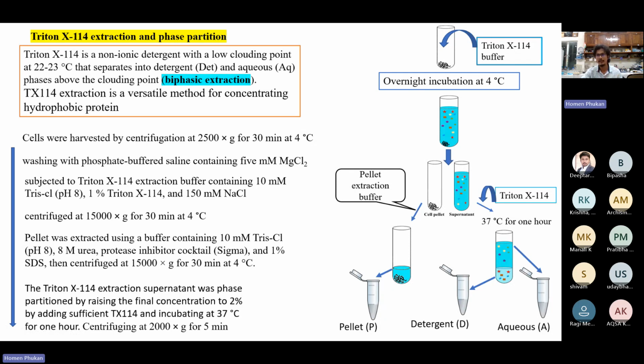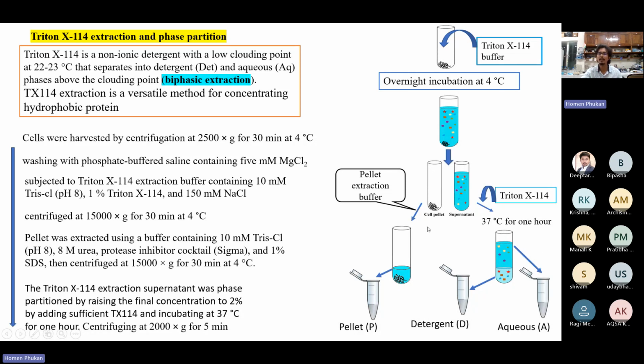Then we took the supernatant, and the cell pellets we kept separate. To that supernatant, we again added a sufficient amount of Triton X-114 to make the concentration 2%. Then we kept it at 37 degrees centigrade for 1 hour. Then the detergent phase and the aqueous phase get distinctly separated.